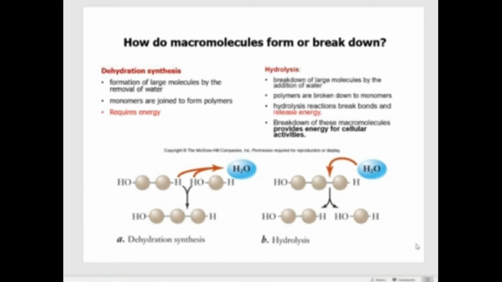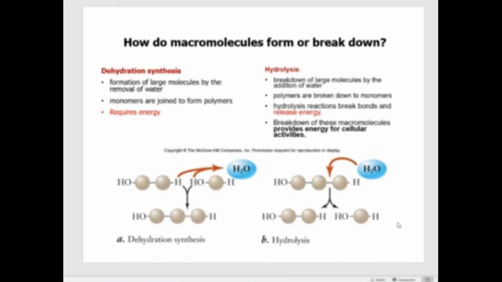On the other hand, when you want to break down these polymers into their building blocks, monomers, this is achieved by hydrolysis. Hydro again means water. Lysis means breaking down. So you're almost doing the reverse of dehydration. You're providing water, and then the water is going to be broken down to hydrogen and the hydroxyl group, and then they will be added to these two parts of this polymer, and then you're going to form two monomers.